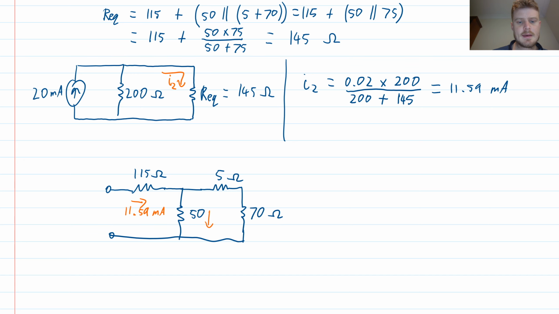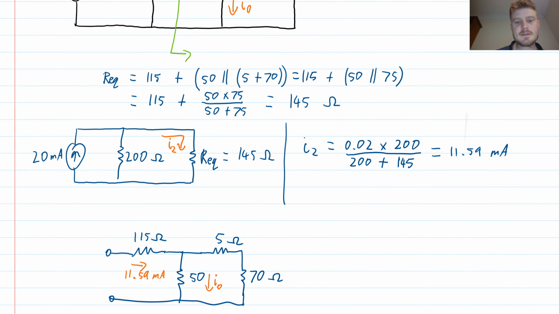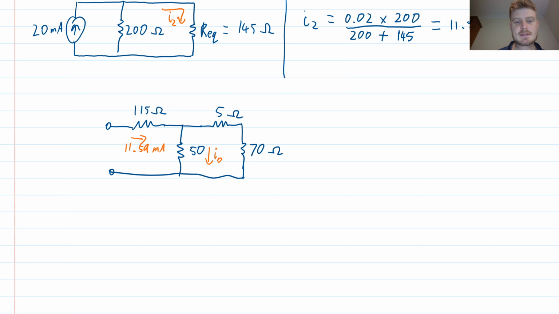And the current that I'm trying to find, I0, was the current through the 50 ohm resistor. So looking back at our circuit, that's actually the answer that I'm seeking in order to analyze this circuit. So again, I have a current divider. At this node, the 11.59 milliamps that comes in is split off down these two separate branches.